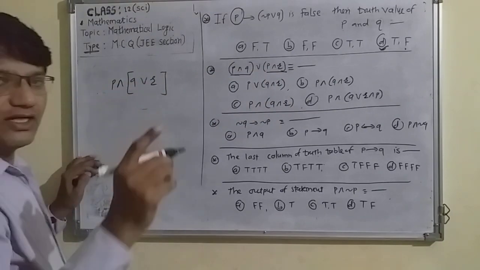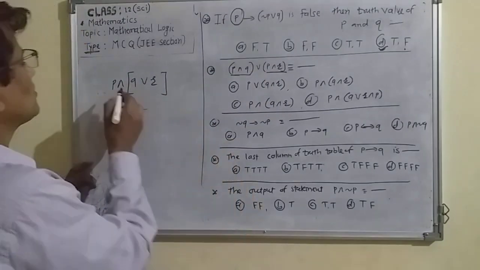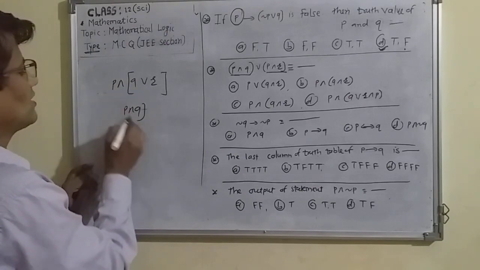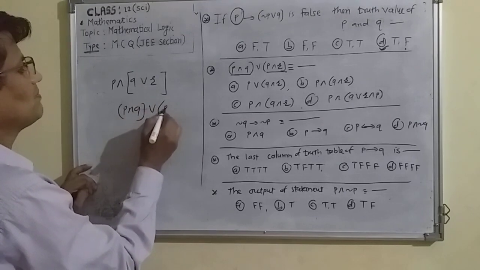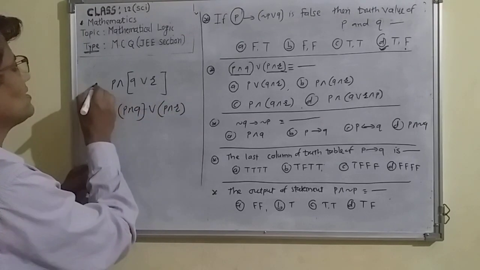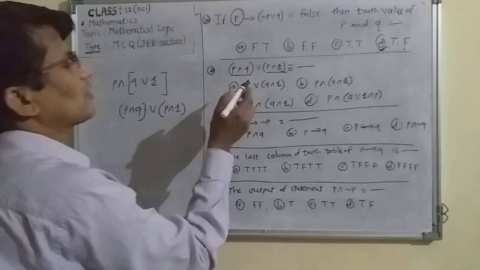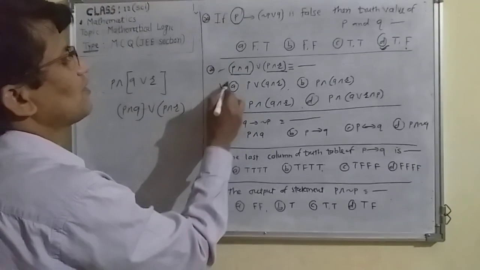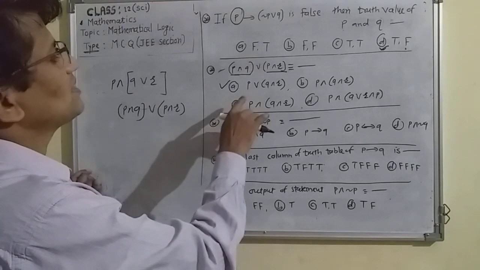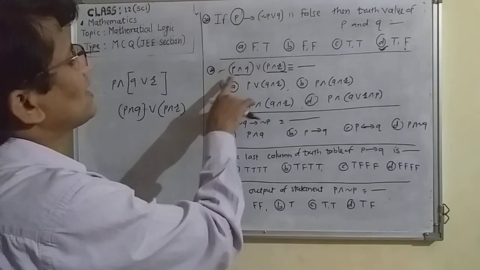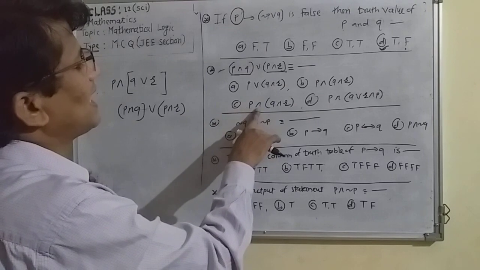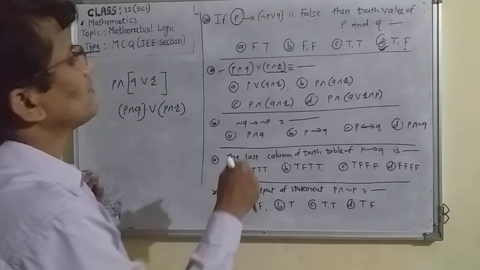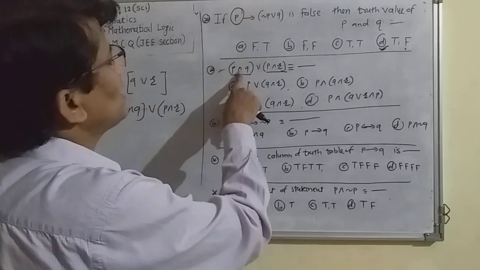So according to the distributive law, P and Q or with P and R. This is the distributive law, and according to it, the answer of this question is option number what? P and (Q or R).